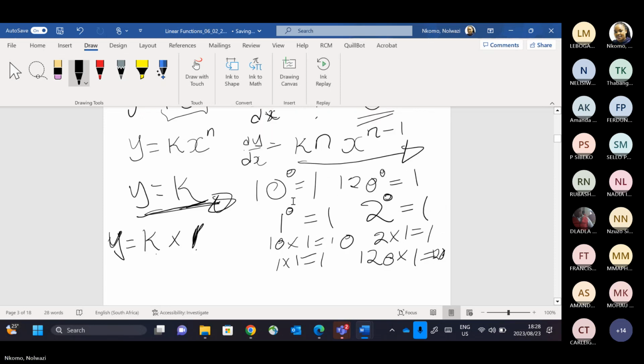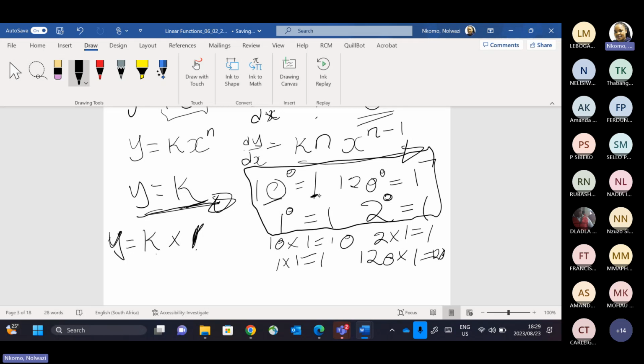Okay, going back to this one, right? We said any number besides 0, any number raised to the power 0 is 1, right? I hope we are still together. Any term raised to the power 0 is 1. So we can write 1 as 10 to the power 0.